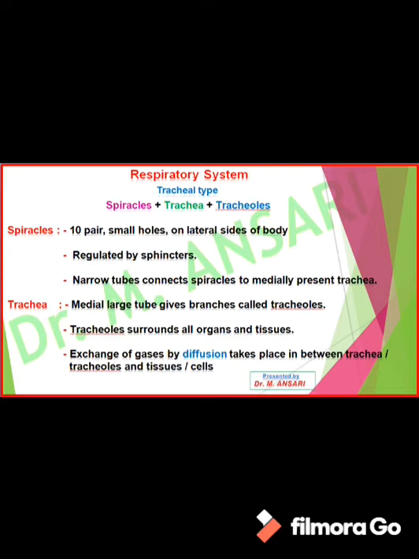The respiratory system of cockroach is specially tracheal type, because the trachea plays a very important role in diffusion of gases here. The respiratory system consists of 10 pairs of spiracles, median trachea and the branches of trachea, the tracheoles. Of the 10 pairs of spiracles, 2 are present in the thoracic region and the remaining 8 pairs are present in the abdominal region.